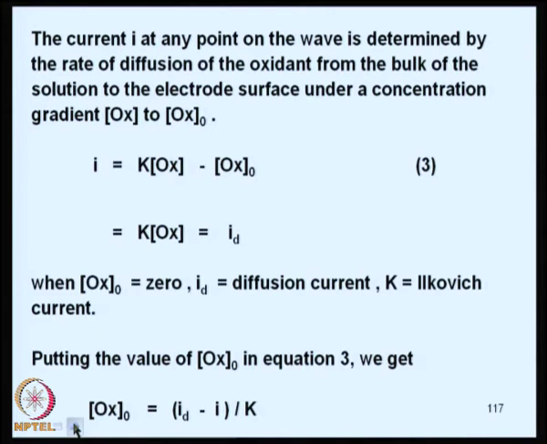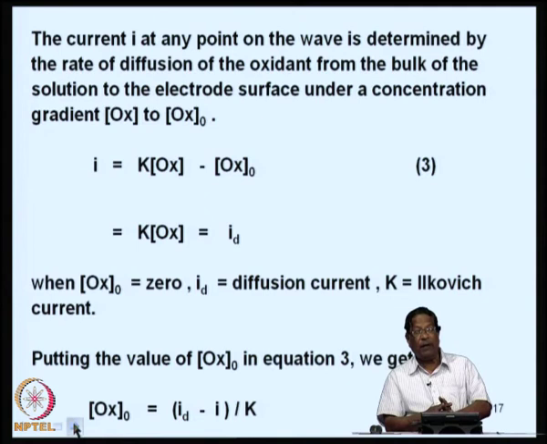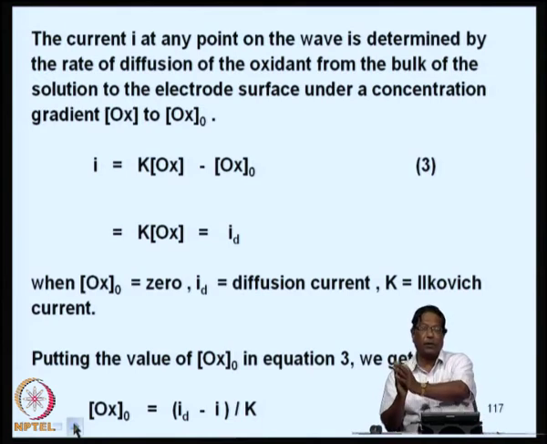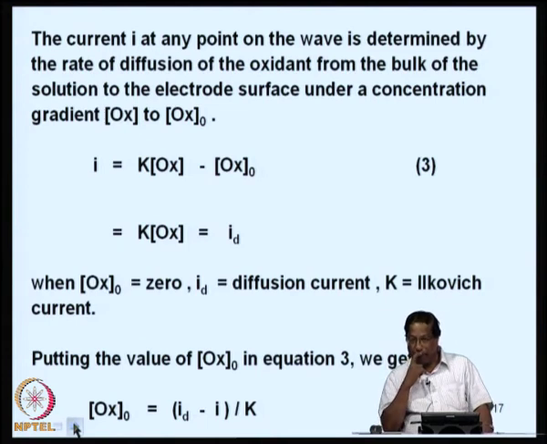So, the current I at any point on the wave is determined by the rate of diffusion of the oxidant from the bulk of the solution to the electrode surface and under a concentration gradient of Ox to Ox naught.